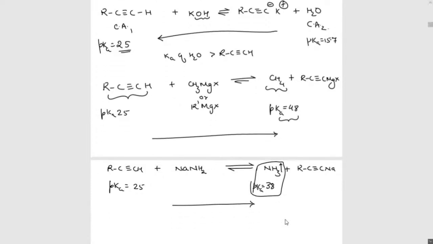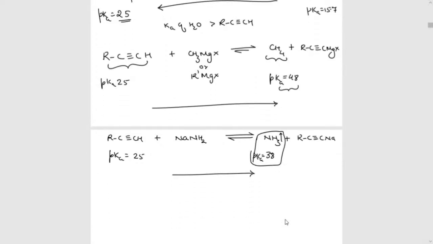Okay, and don't get confused that ammonia had something like 4.75 and all those were Kb. Those were Kb, and if you find Ka plus Kb equal to Kw, 9.2 or some value, then that is of ammonium ion, not of ammonia as an acid.